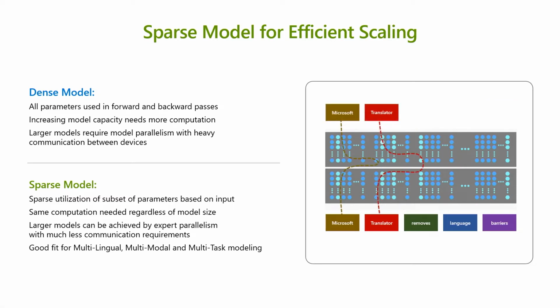In dense models, all the parameters are being used for all inputs and all tasks at all times. On the other hand, there is a new family of models emerging now called sparsely activated models. In such models, we utilize a subset of the parameters for a given input with fixed computation cost.